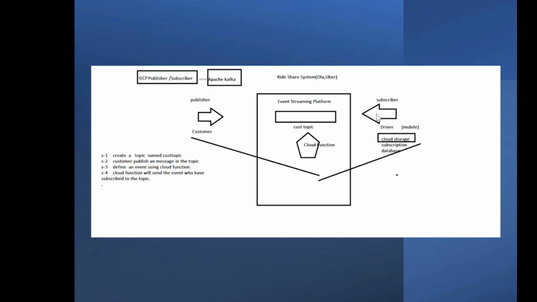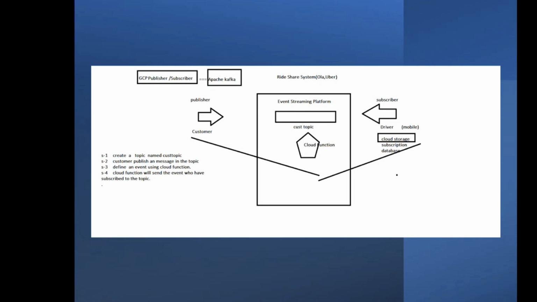In between, we have created a cloud function, and the cloud function gets executed based on the pub-sub event. So the moment the publisher publishes the message in the topic, this cloud function should get executed.